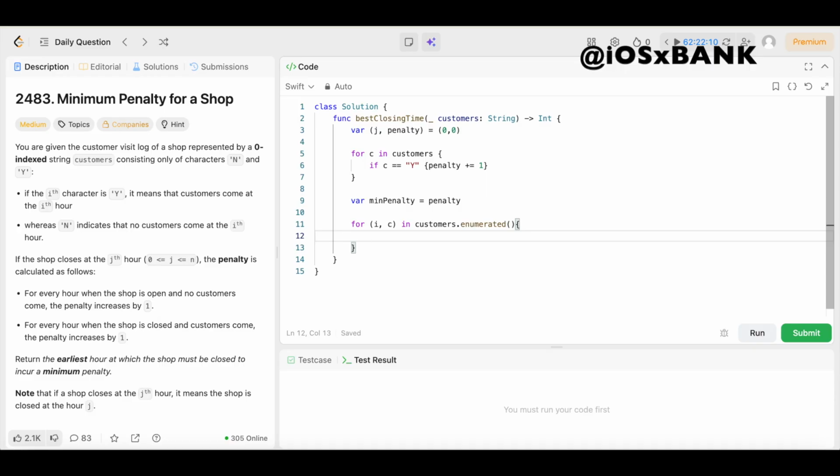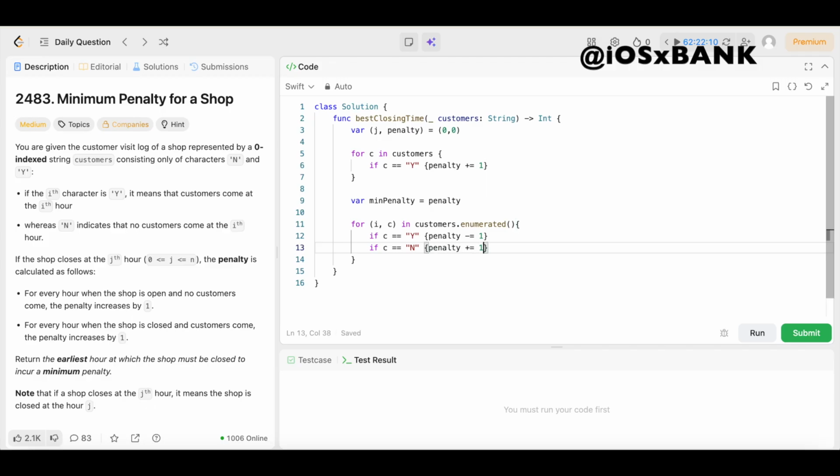So we'll say if c equals Y, then we can come outside of that, open up the brackets, and decrement penalty by saying minus equals 1. Then if the customer at hour i is N, then staying open during this hour adds an unnecessary open penalty. To check for that, we'll say if c equals N, then open up the brackets and say penalty plus equals 1.